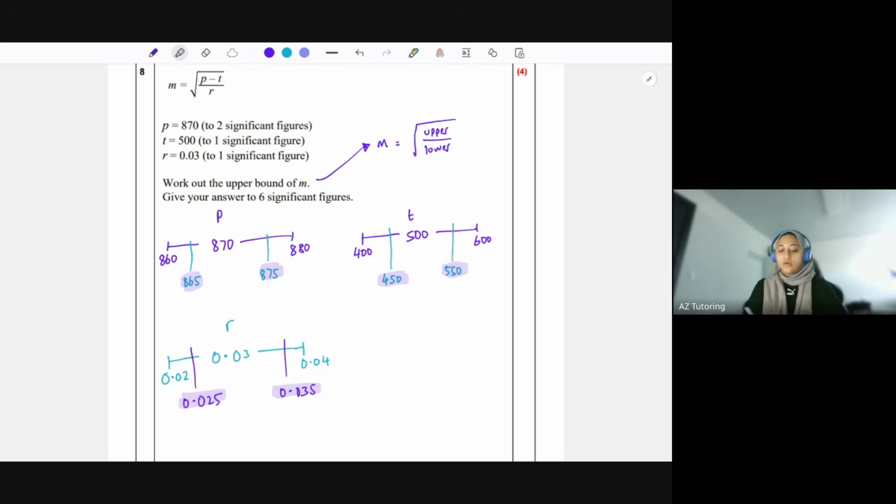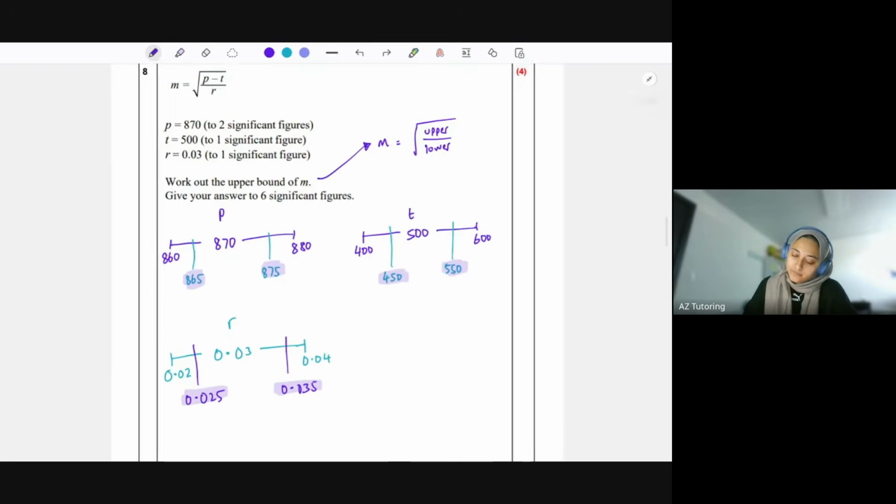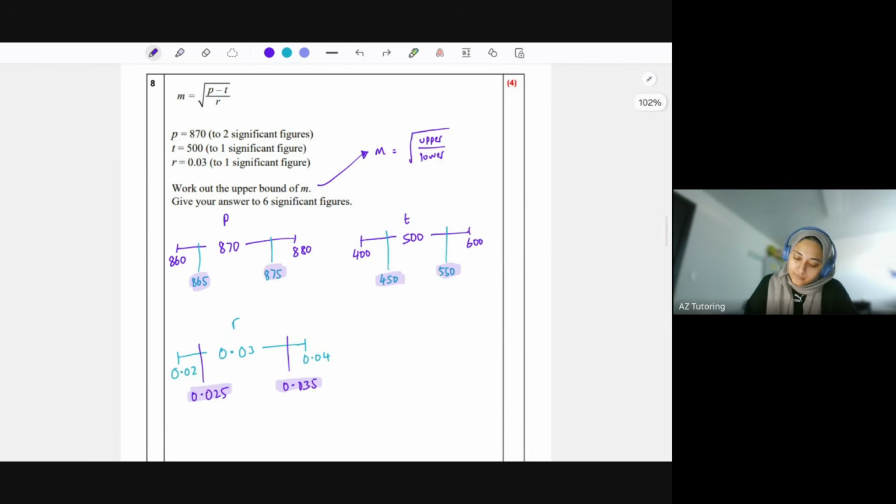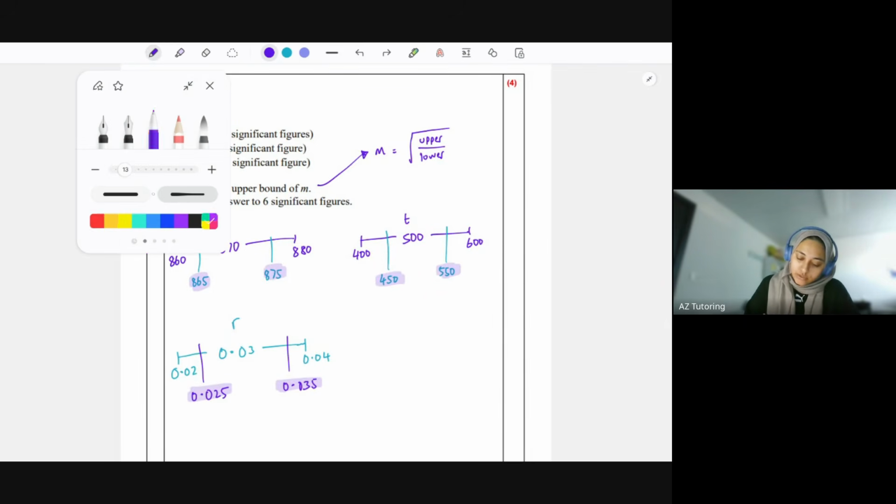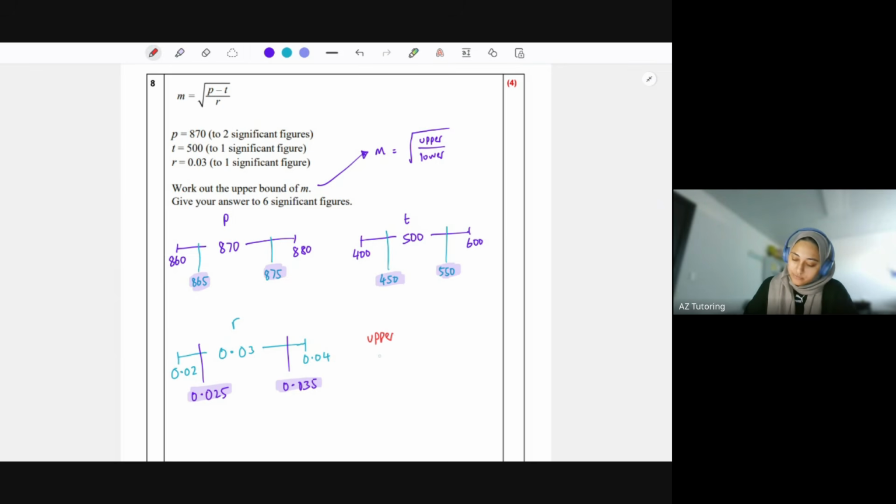Now I need to figure out what I'm going to substitute into this formula to get the upper value of M. So let me just do this in a different color. So the upper value of M. So I've got the square root of P minus T. So how can I get the maximum value for P minus T?